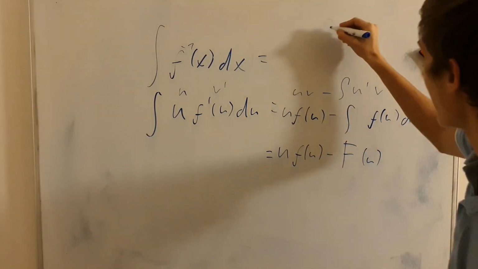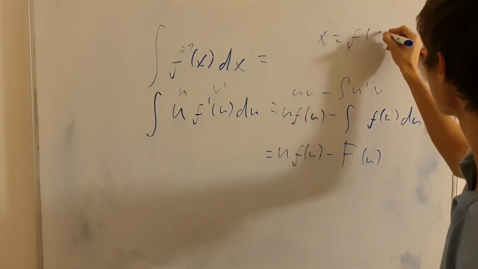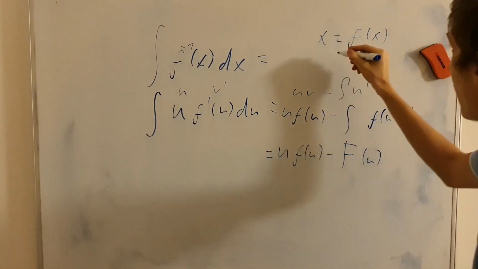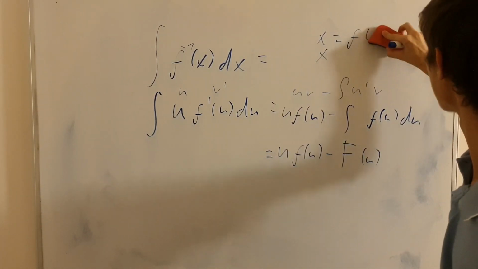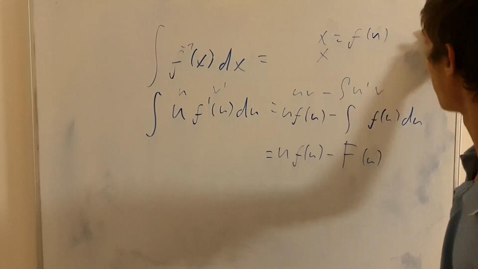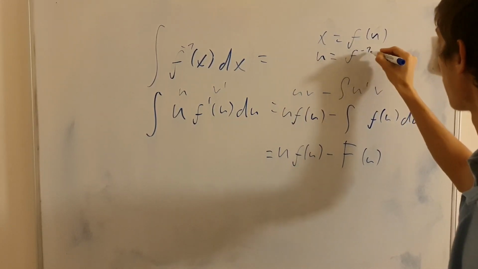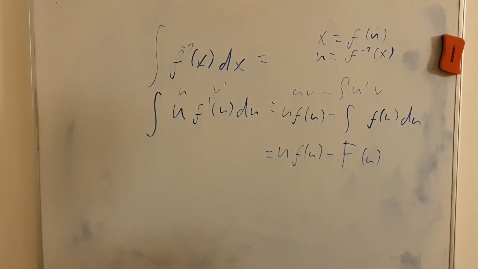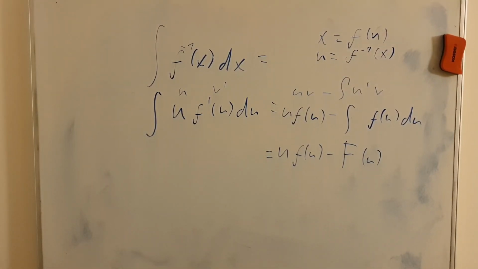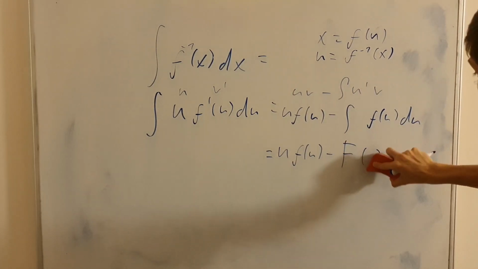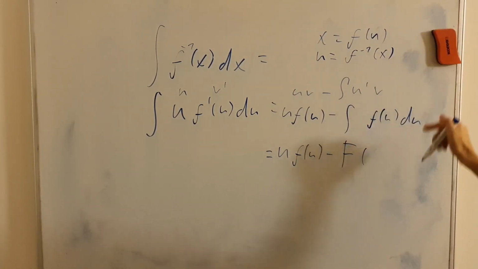And by the way, I said x equals f of u, but after that also u is supposed to equal f inverse of x, right? And so I will put the u inside here. The u will be plugged into here.